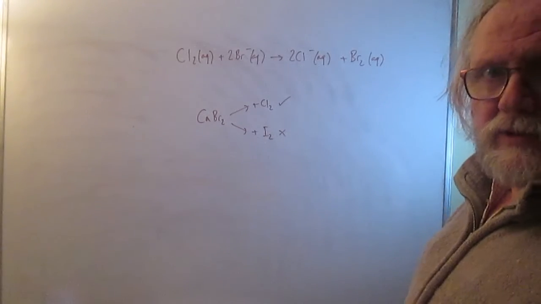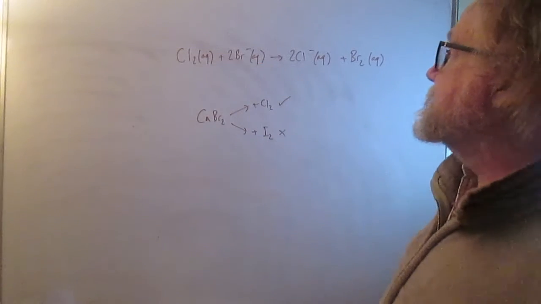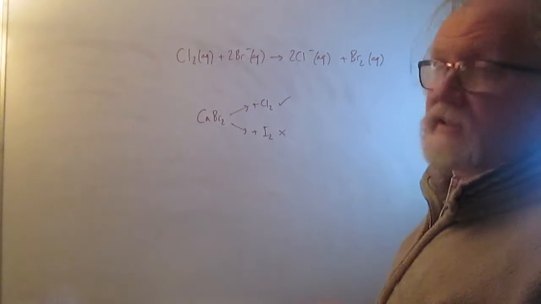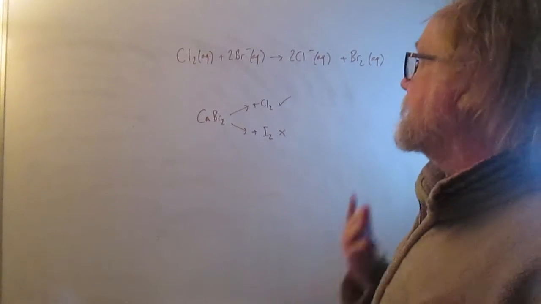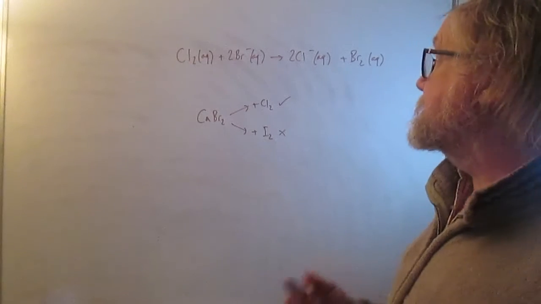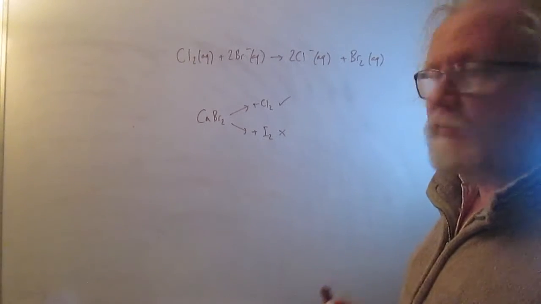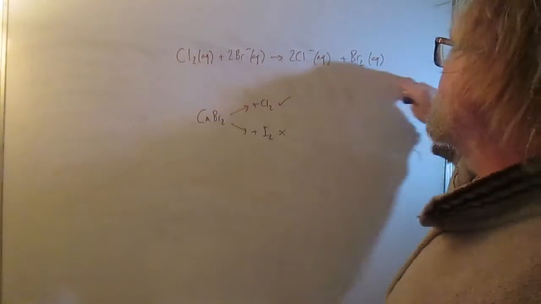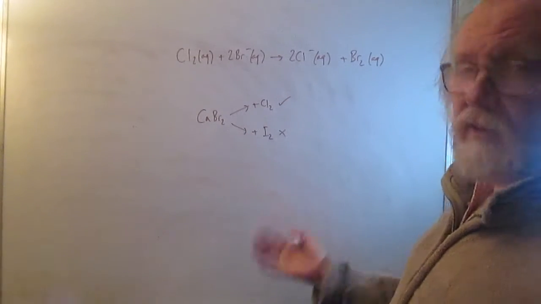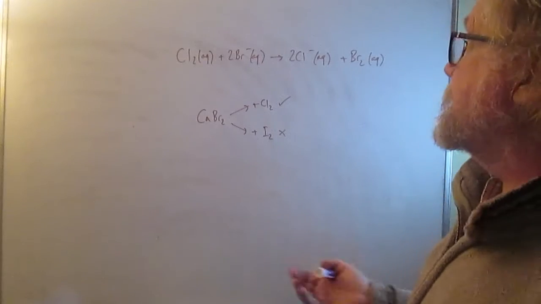Part C wants to know what difference it would have made if these bromide ions came from magnesium bromide instead of calcium bromide. So this is a way of testing whether you've really understood that once you dissolve an ionic compound in solution, the ions are completely separate. And that's why when we write the ionic equation like this, the magnesium ions or calcium ions are not there, because they are spectator ions.